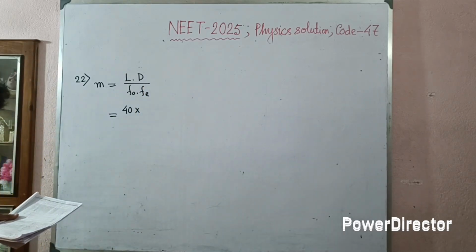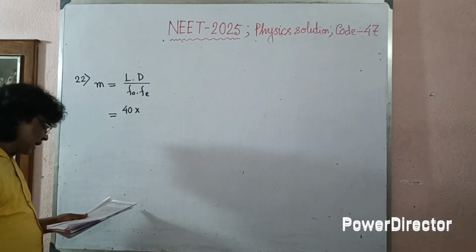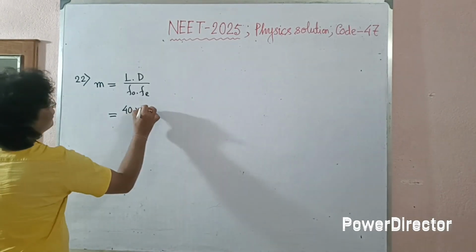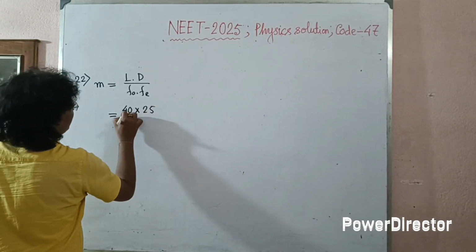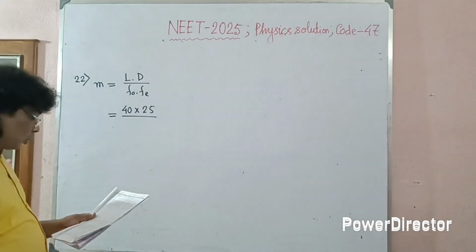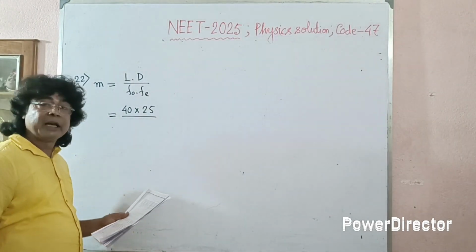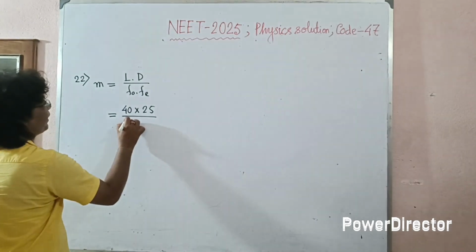Capital D, distance of distinct vision of eye, that is 25 cm. F0, focal length of the objective, that is given 2 cm.